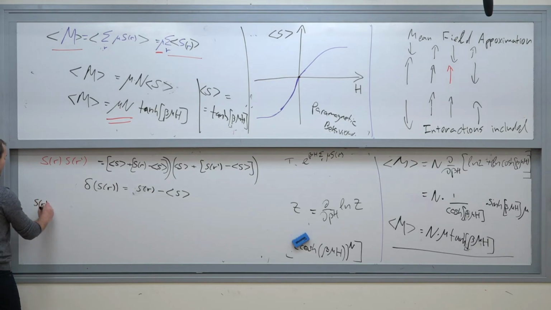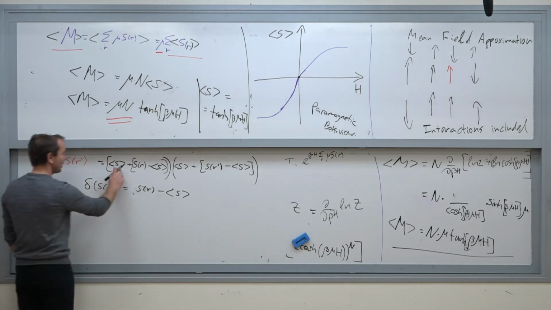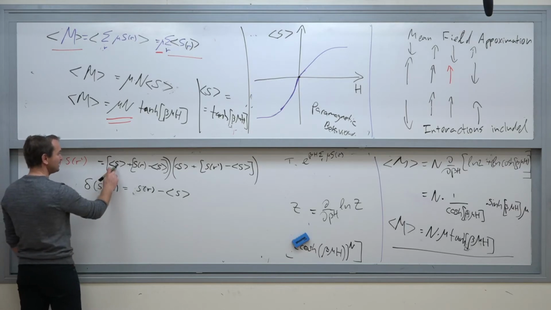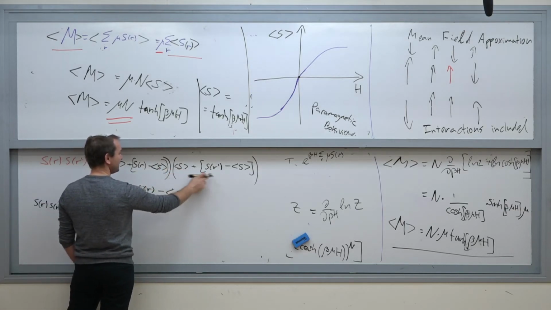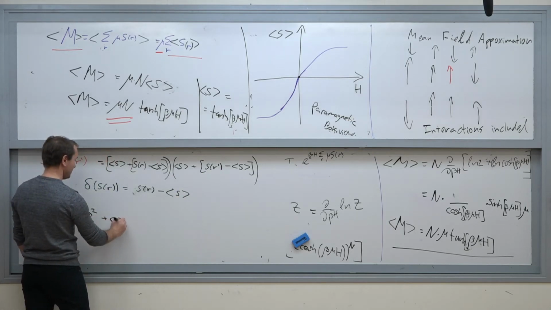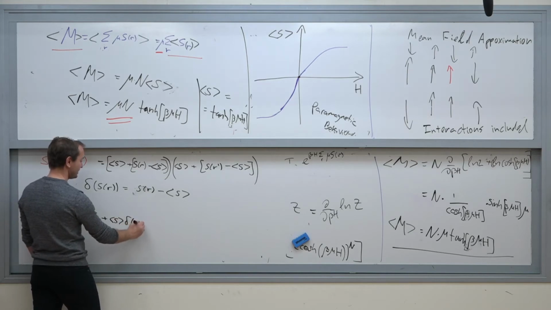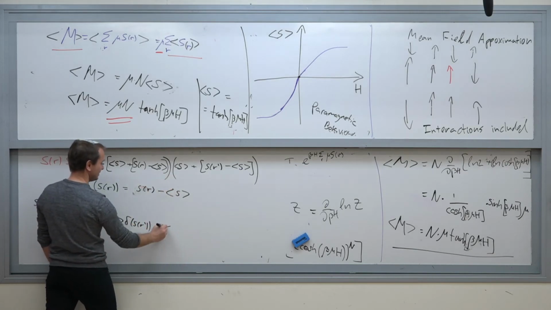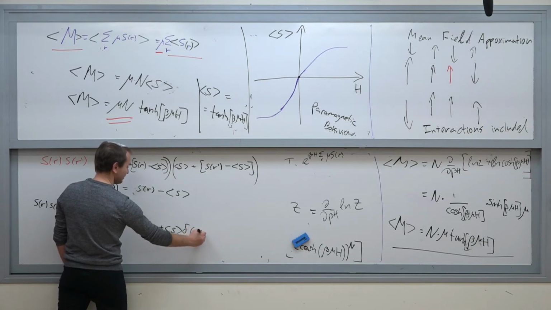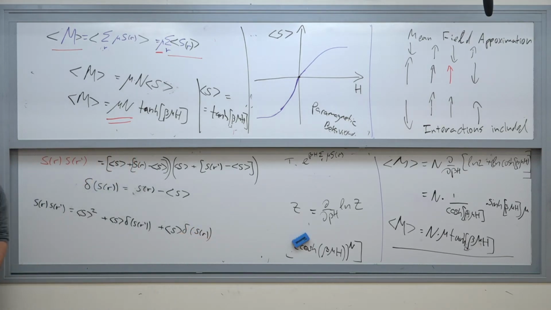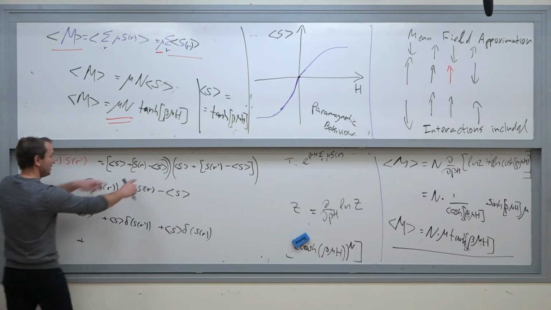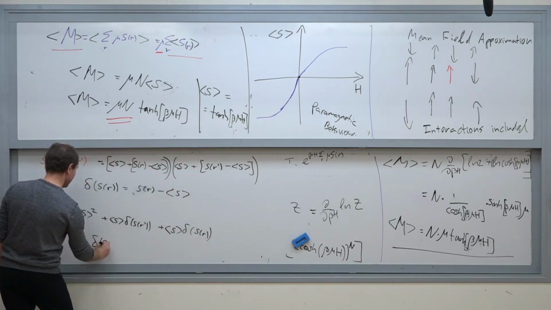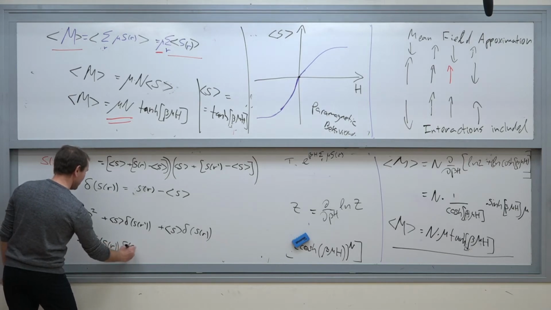So what we get is that SR prime equals S average multiplied by S average, so it's S average squared, plus S average multiplied by delta S of R prime, plus S average multiplied by delta S of R. And then there is the third term, plus delta S of R multiplied by delta S of R prime.